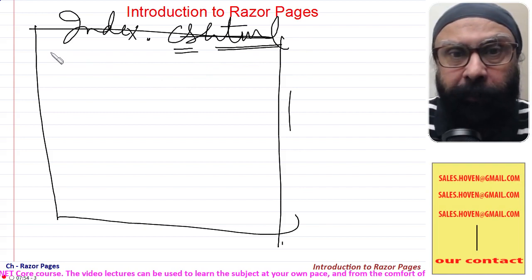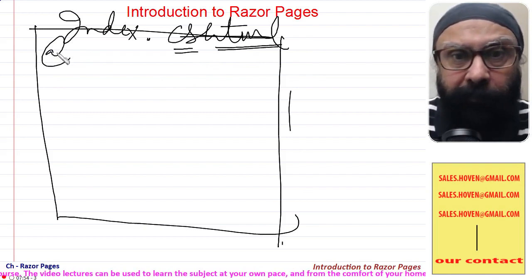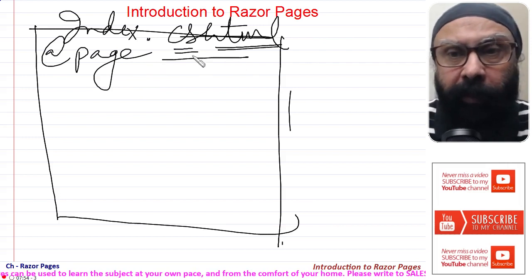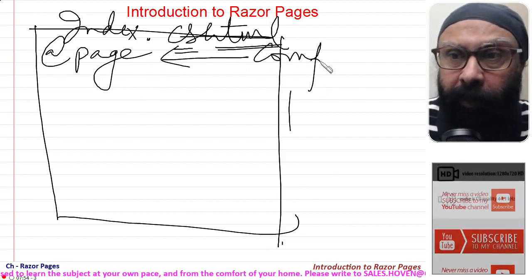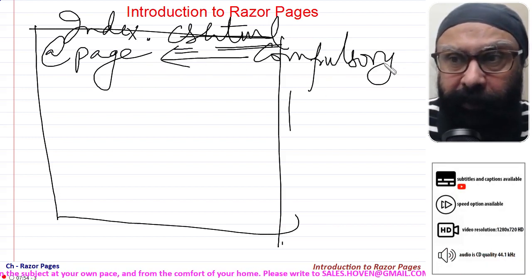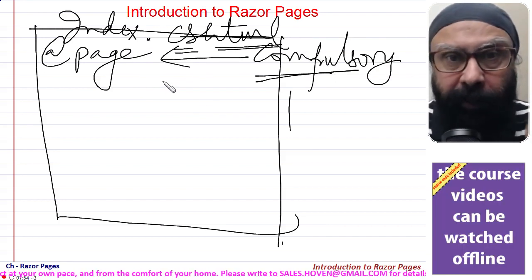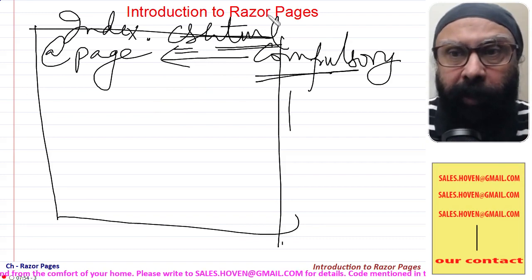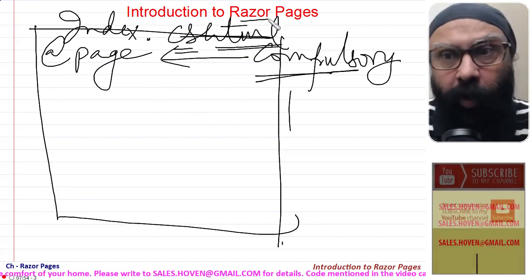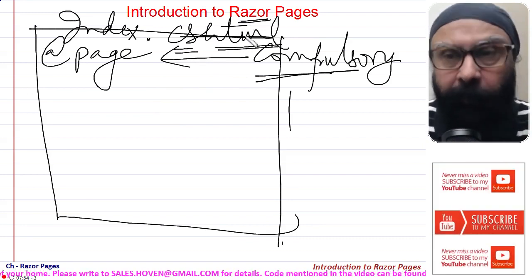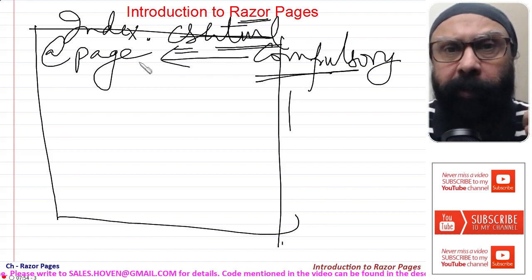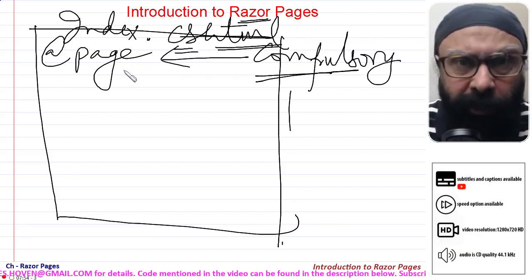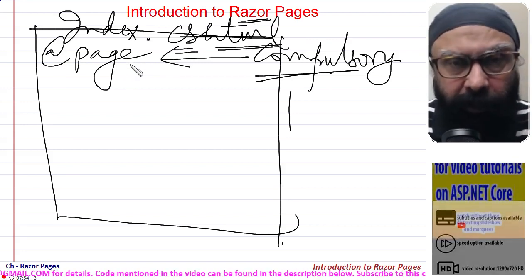So a Razor page will start with a directive called @page. This is a compulsory directive, because it gives this page the name Razor page. We'll call it the signature of a page, @page.